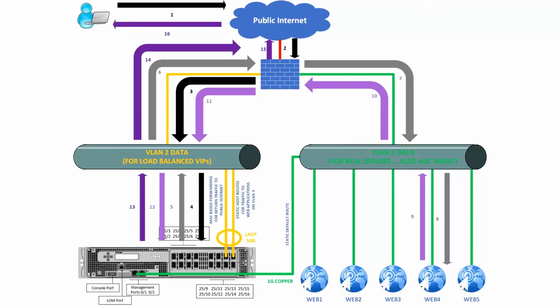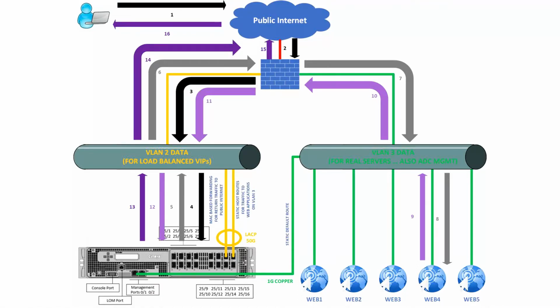As a result of this management connection to the internal network, we had a proliferation of static host routes in use to force data traffic through the firewall between the DMZ and internal networks. And 3, since the default route was pointing through the management interface, we were dependent on MAC-based forwarding to provide a path for return traffic to the public internet.